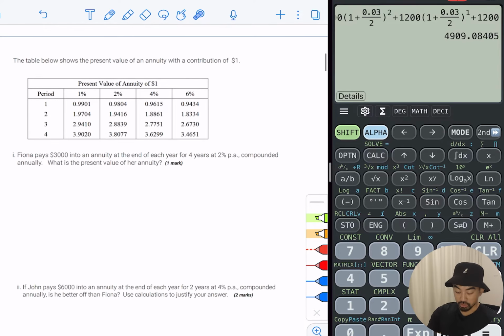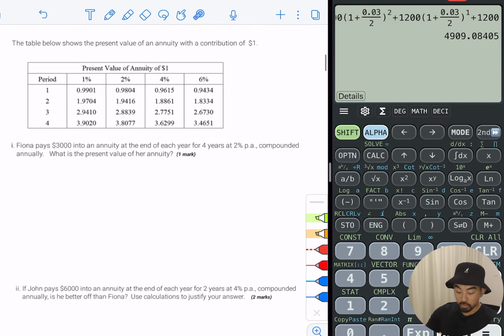Okay, let's look at the next question, 3. So here we've got a present value table. And the question asks, Fiona pays $3,000 into an annuity at the end of each of 4 years at 2% compounded annually. What is the present value of her annuity? So similar to the first question, you want to change your years and your rate so that it's in the same units as how often she's putting money in, which is annually.